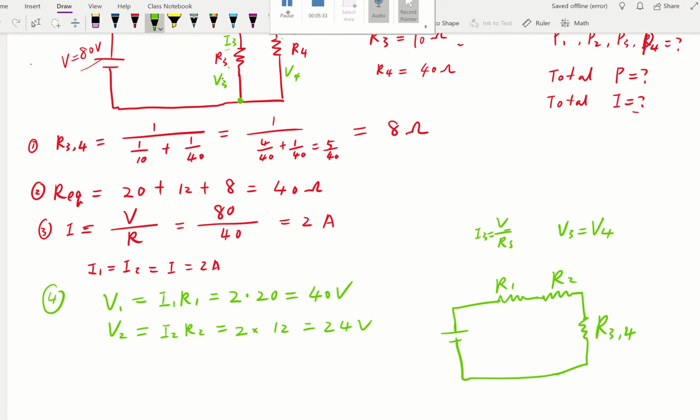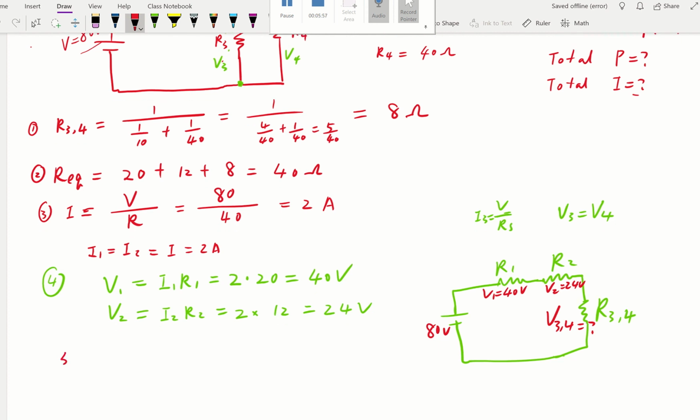Going back, you already know the voltage drop here, V1, is 40 volts, and V2 is 24 volts. The entire voltage drop is 80 volts, given. And now we need to figure out V3 and V4. What's that equal to, right? They are connected in series.